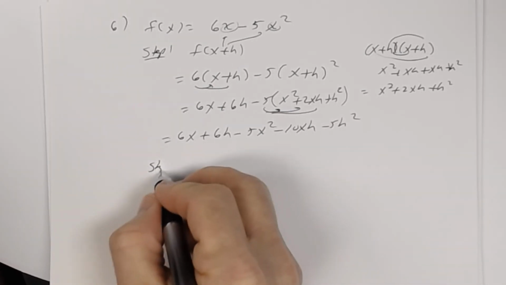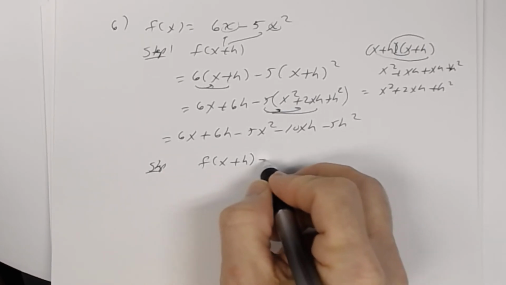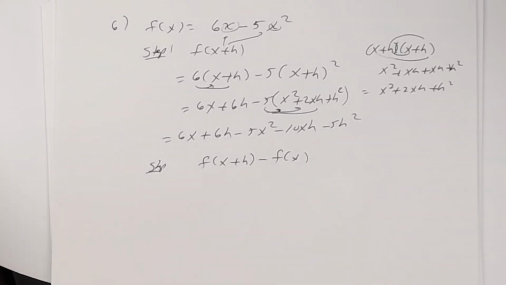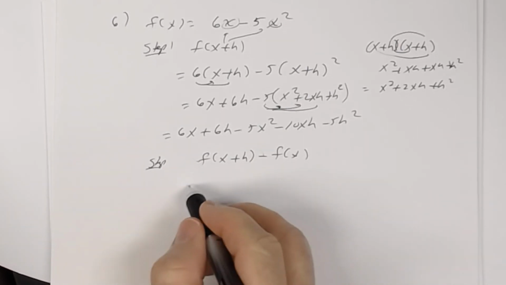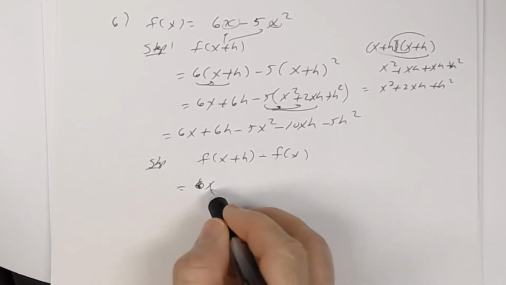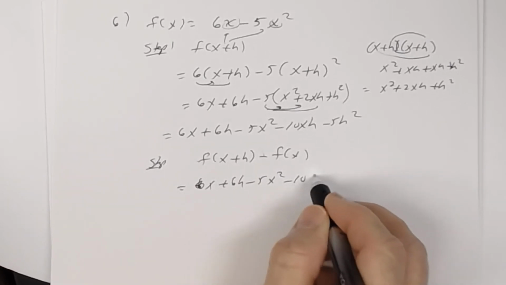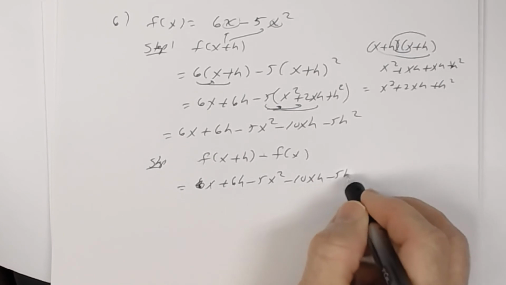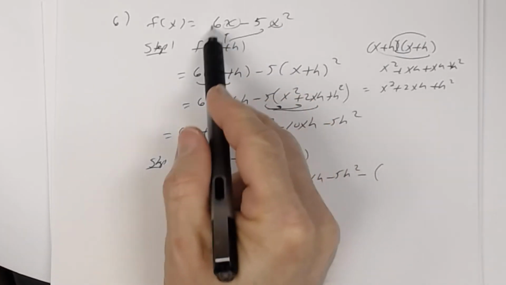Step 2 now is where you're finding the numerator of the difference quotient. So you're saying f of x plus h minus f of x. So that's your numerator. So you already found this part. That's this. So you're going to say 6x plus 6h minus 5x squared minus 10xh minus 5h squared, and then you're subtracting your function. Your function is this right here.